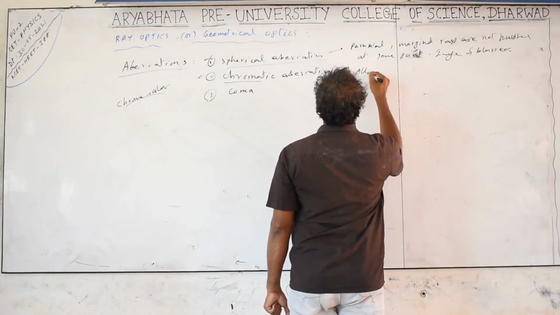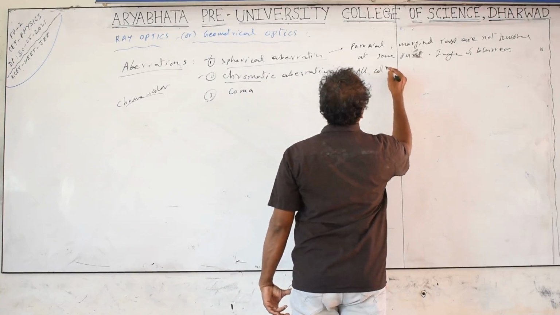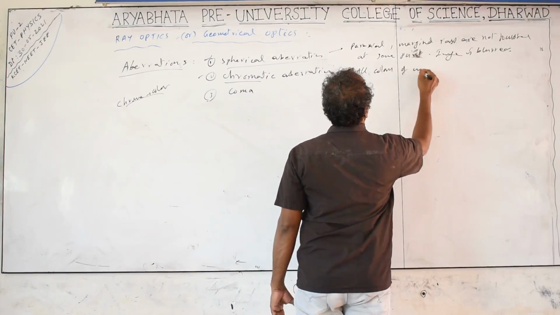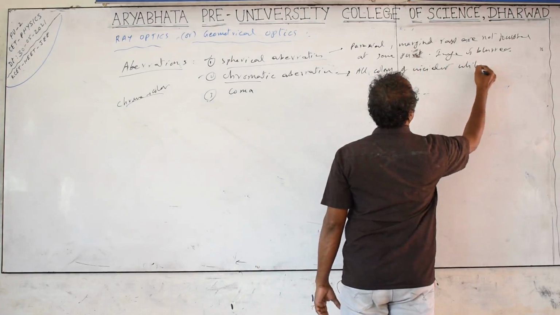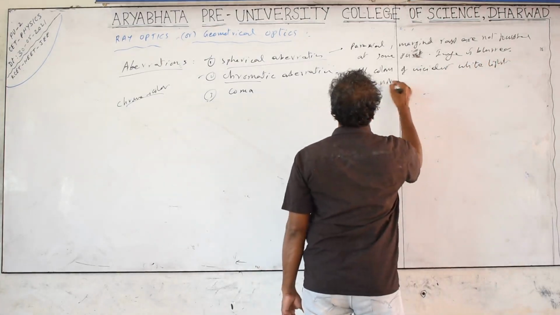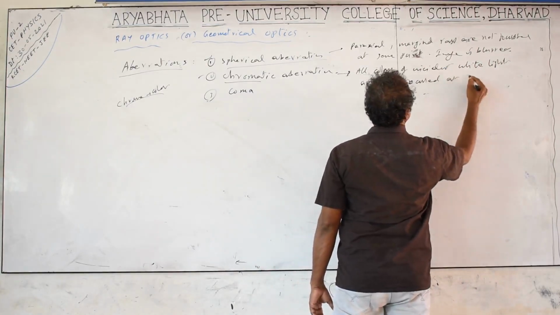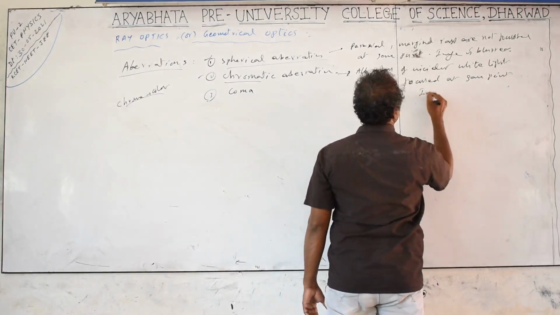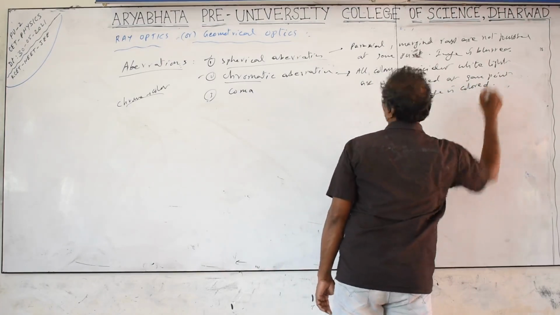All colors of incident white light are not focused at the same point. So what happens? The image is colored. You will see the image in different colors.